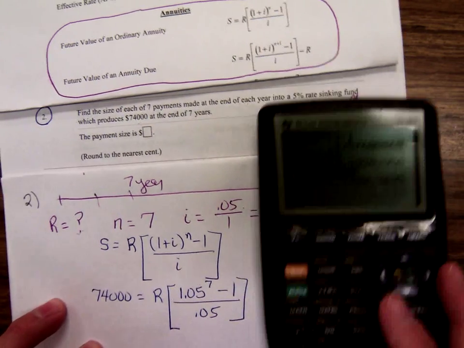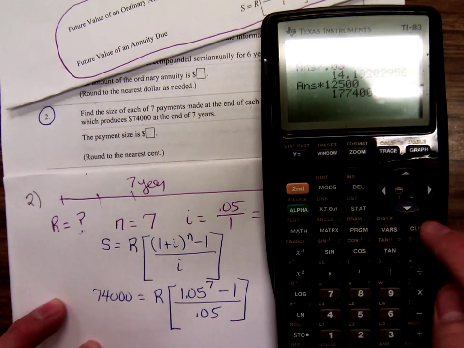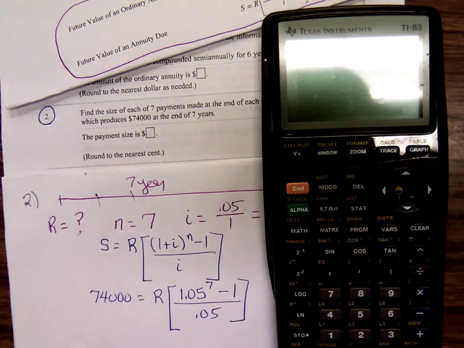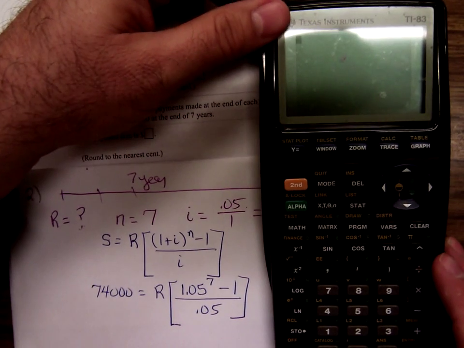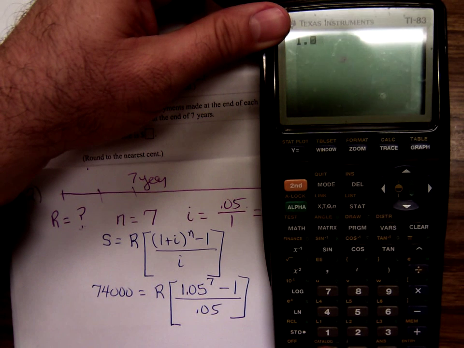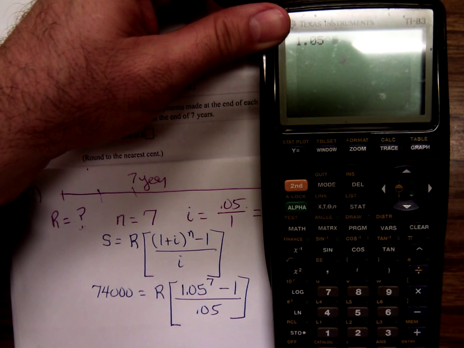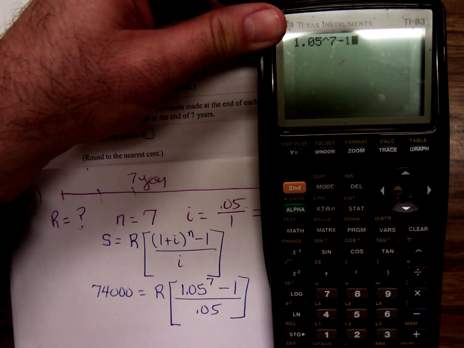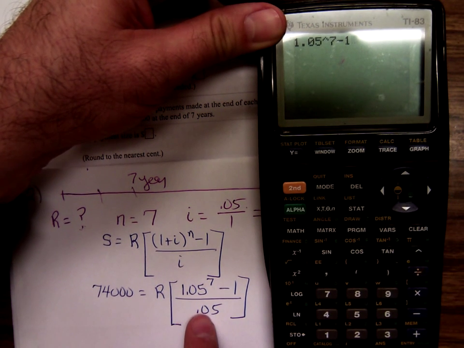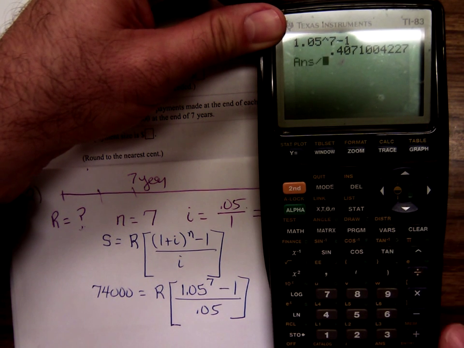I'm going to punch in the bracket number: 1.05 raised to the 7th power minus 1. I'm calculating this bracket number. Now be sure to hit enter before you say divided by 0.05.